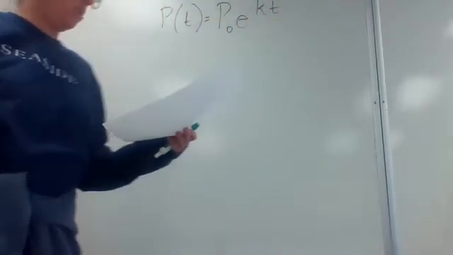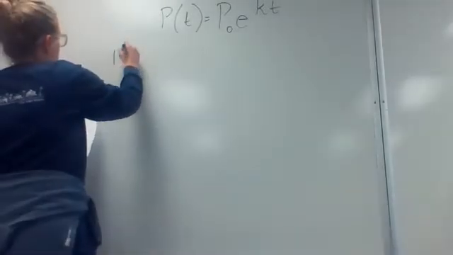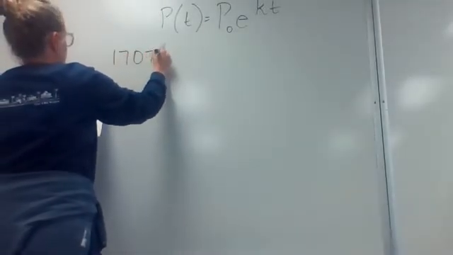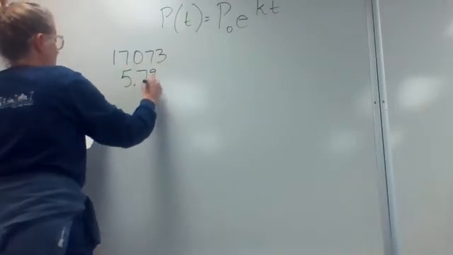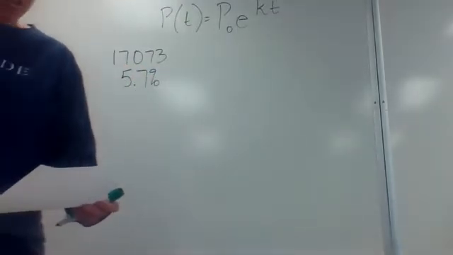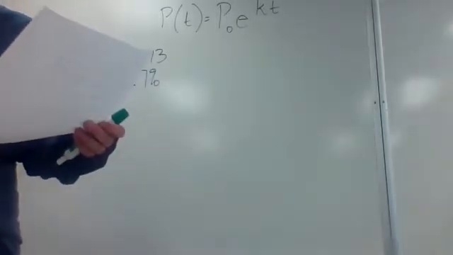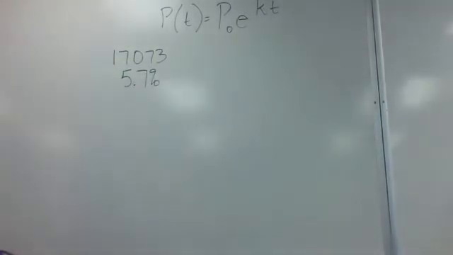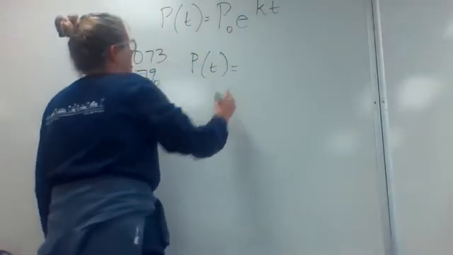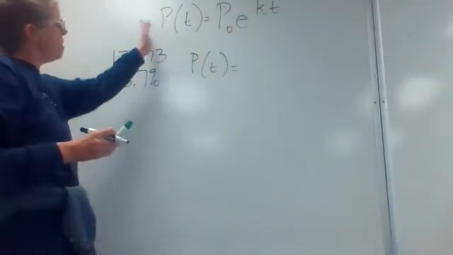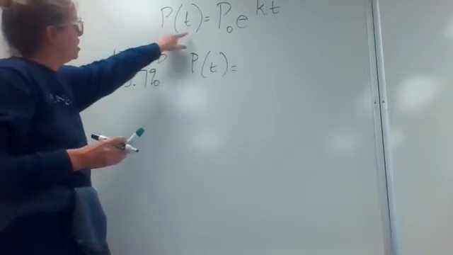So let's see what we know. We know that we start off with 17,073 and the interest rate is 5.7%. The first thing it wants me to do is just come up with the exponential growth function. So P of T equals, this is going to be our ending amount when we start using this function.